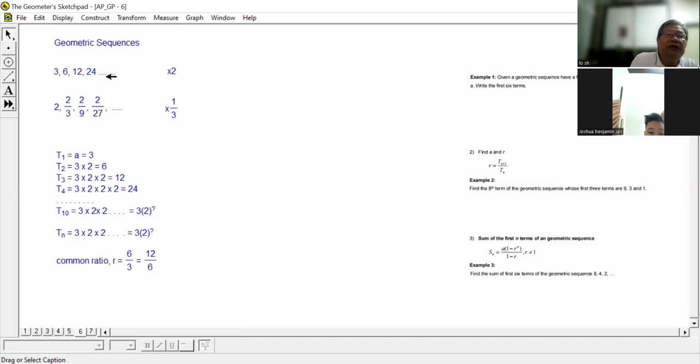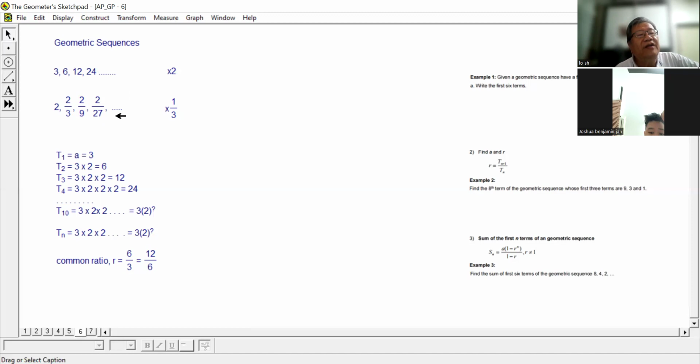In our arithmetic progression, we move to the next consecutive term by adding. This one is by multiplying. Okay, always multiply, no divide, always multiply. So multiply by 2, multiply by 2. So the answer is multiply by 2.